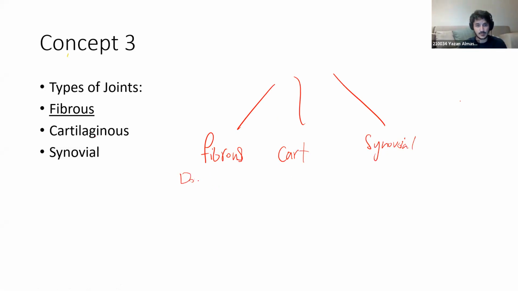Cartilaginous also doesn't move, but allows for minimal movement. And synovial is the one that allows for movement. Okay, so that's the first thing we need to know. So we're going to start by talking about the fibrous joints.